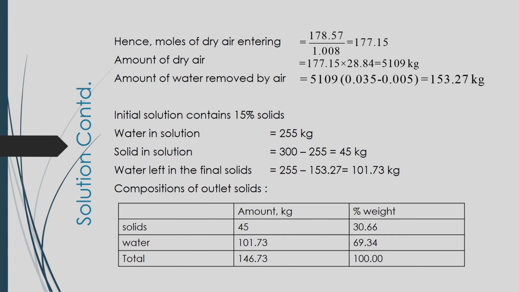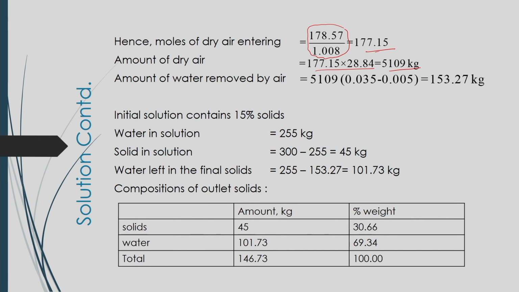After that, you have to find out the amount of dry air that is entering the sprayer. That will be simply 178.57 by 1.008, which is 177.15. And the amount of dry air in terms of mass, since it is in moles, you have to multiply by molecular weight, then it comes as 5109 kg.